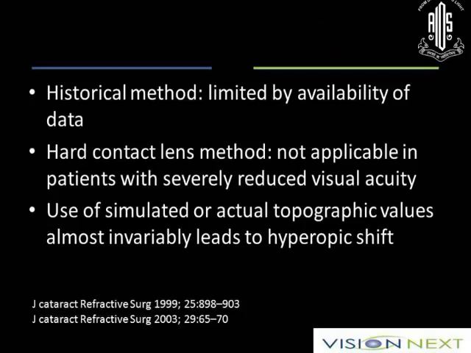Historical method is limited by availability of data, which will be like 20-26 years back, where I am not even sure whether they would have done a topography at that time. Hard contact lens method is usually limited because if there is severe visual impairment, it won't be helpful. Most of the simulated topography maps and actual topographic values invariably will lead to a hyperopic shift.